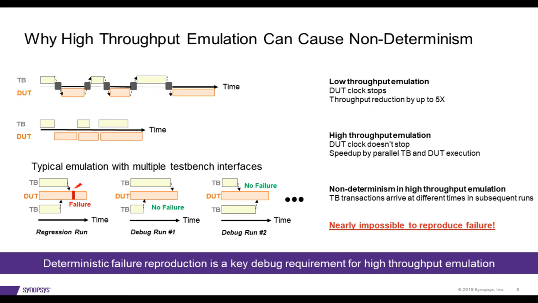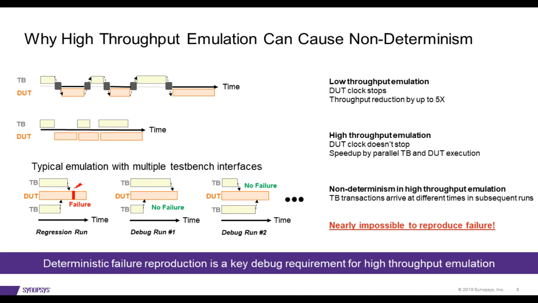So you did another run, and it so happens that the timing got changed again, and you still did not see the original failure. And this can continue through several iterations before you're able to reproduce the failure that was seen in the regression run, and you're able to debug the problem.